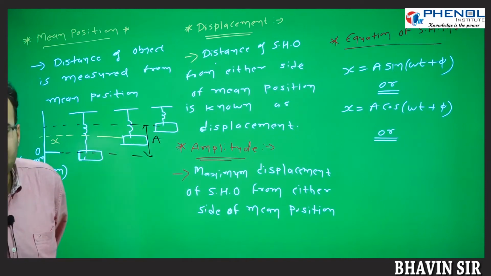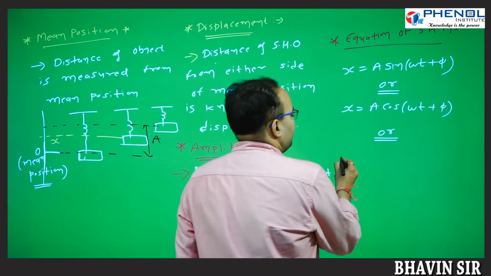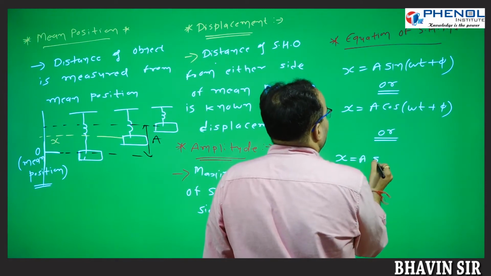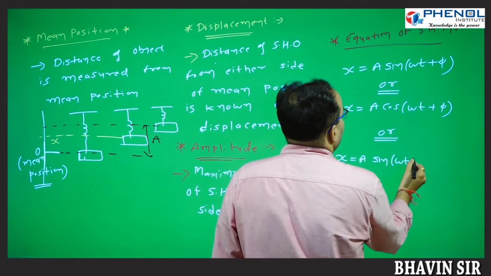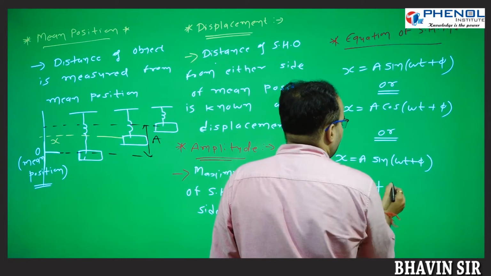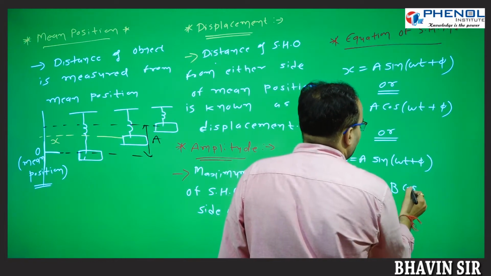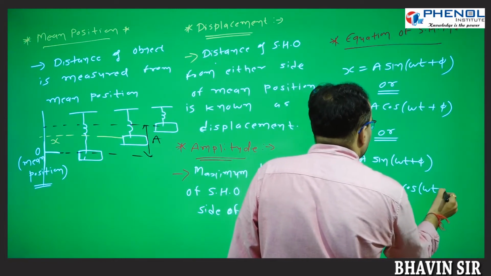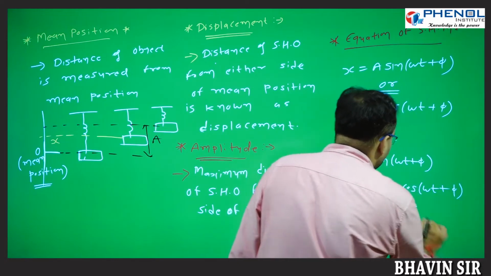Or x equals a sin(omega t plus phi) plus b cos(omega t plus phi).